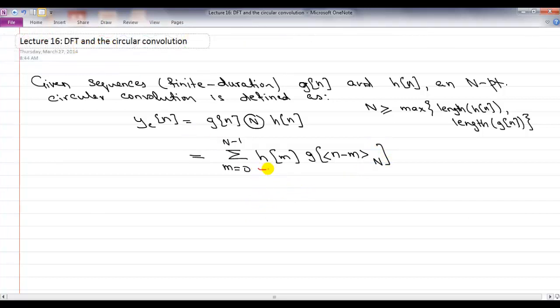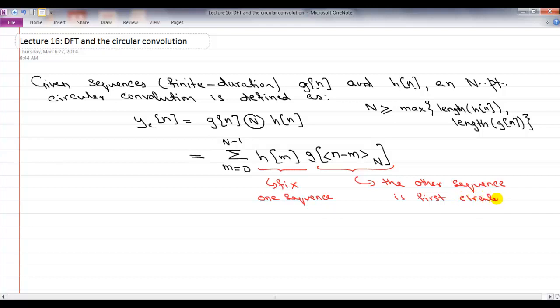Now let's look at its differences with linear convolution. Similar to linear convolution, what we have is this summation and we fix one sequence. In this case we are fixing hm, whereas the other sequence, instead of linear flip and linear shift, we circularly flip the other sequence, Gn in this case, and then we circularly shift that sequence by an amount n to get Ycn.